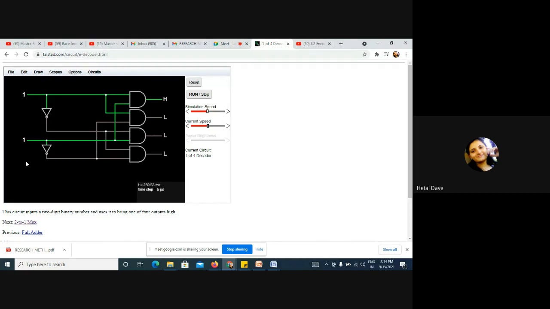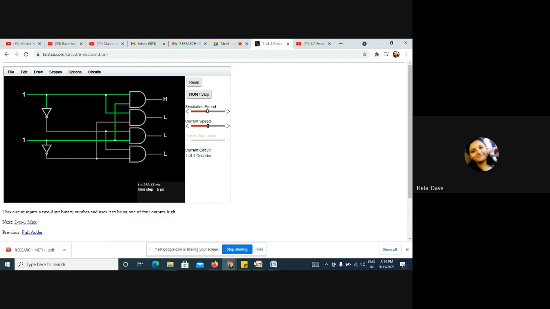So this is a circuit which has some number of inputs and some number of outputs, and only one output line will be high, depending on the input combination. This kind of circuit is called a decoder. Today you need to implement this circuit and check the same thing using your implemented circuit. Okay, this animation is clear.